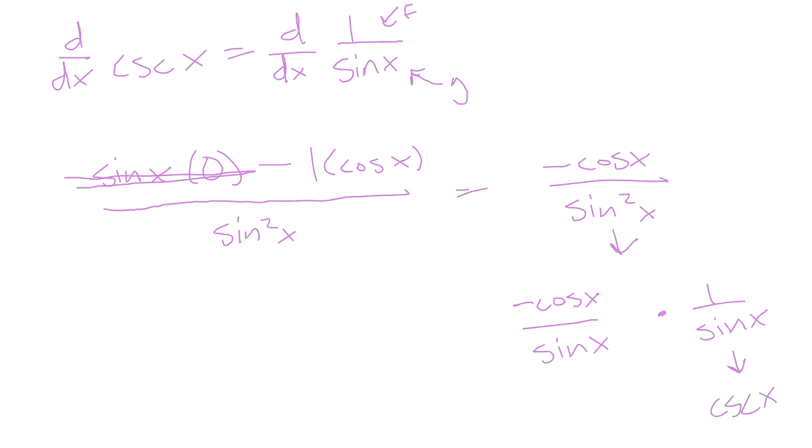Cosine over sine is the inverse of tangent, I mean, the opposite of tangent, so this is going to be equal to cotangent. And of course, we have that negative out in front. So therefore, d over dx of cosecant of x is equal to negative cotangent of x times cosecant of x.